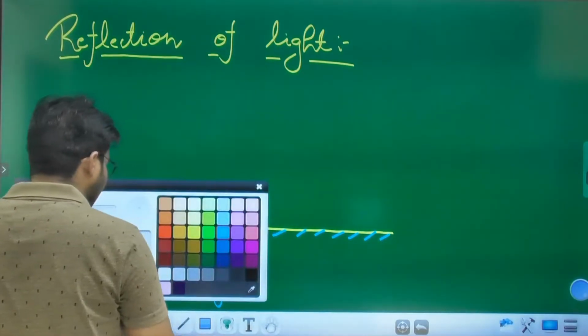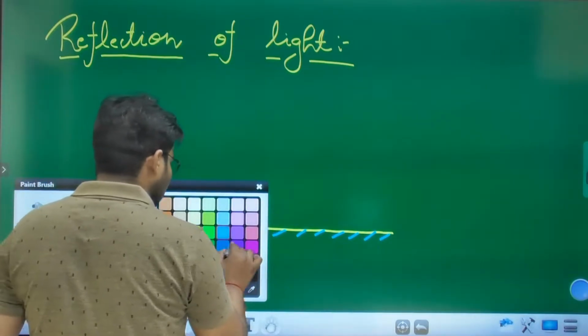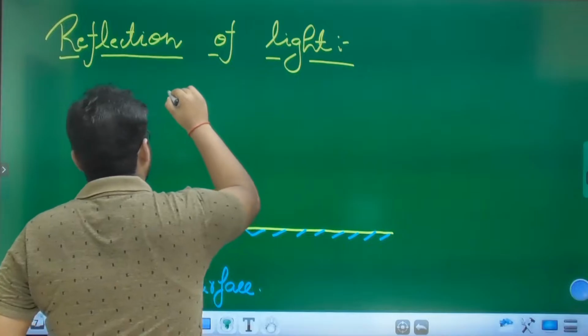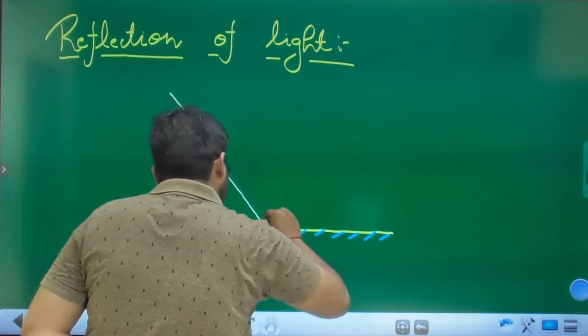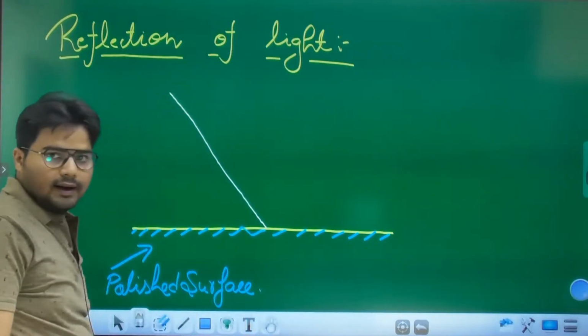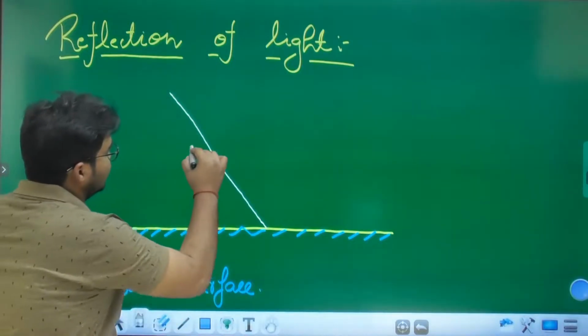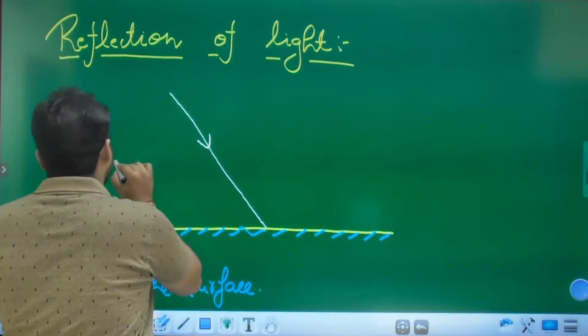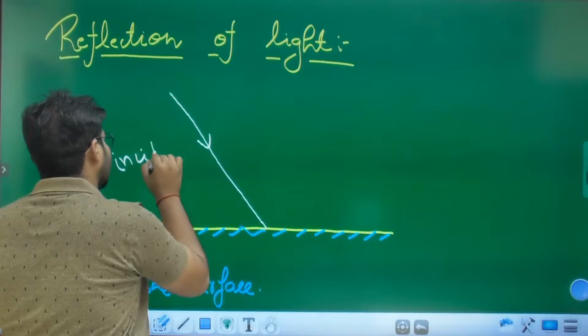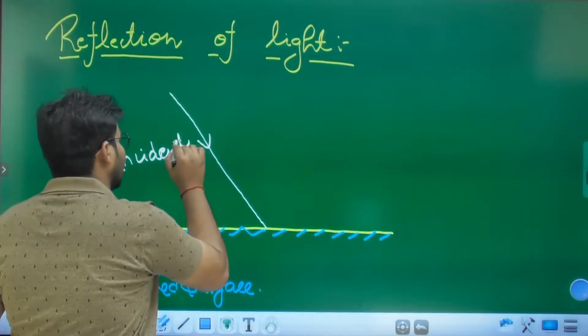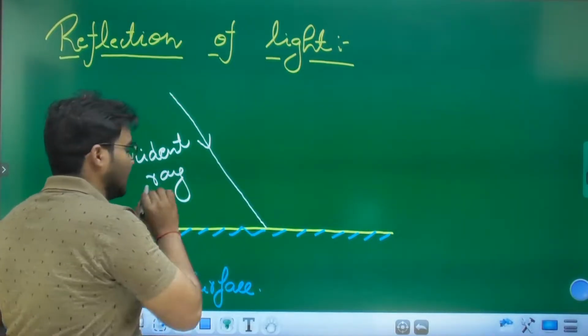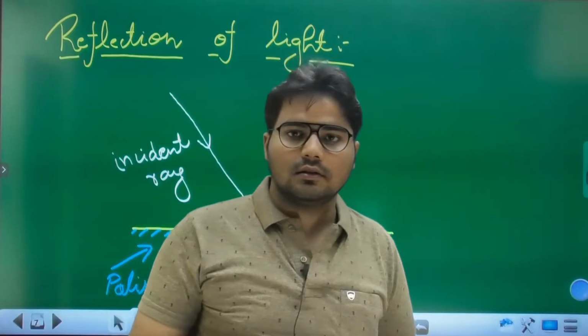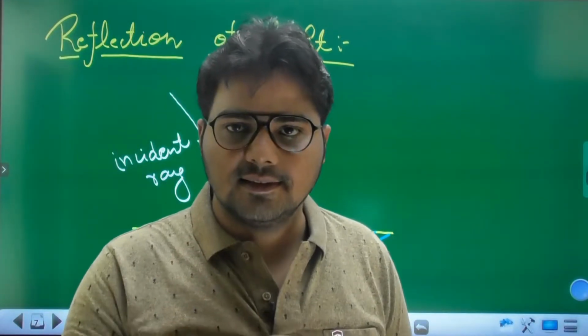So when a light is incident on it, this one is called the incident ray. So the first term is, what is an incident ray?